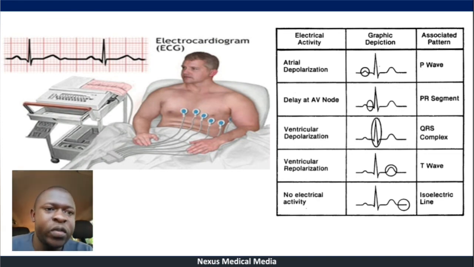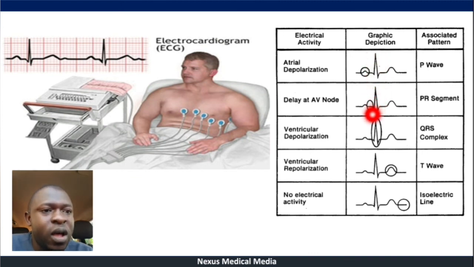Let's go through this. The first upward deflection is called the P wave, and the P wave indicates atrial depolarization. Then there is a certain delay between the P wave and the next one, which is the QRS complex.